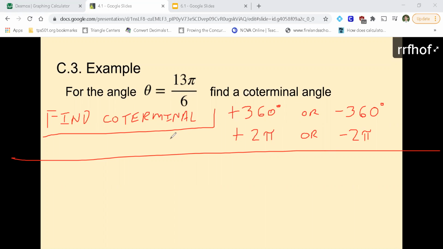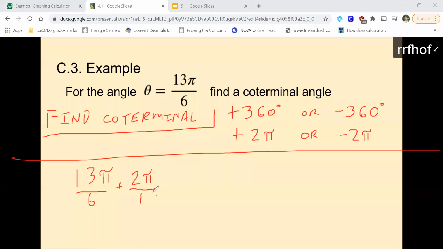So for my problem, if I want to find, let's say, the next largest coterminal angle, I'm going to take 13 pi over 6 and add 2 pi. Again, I just arbitrarily picked. I could have subtracted 2 pi. I could have subtracted 4 pi. It doesn't really matter based on the instructions that I was given. So if I'm going to add these together, I need a common denominator. If I rewrite this as a fraction over 1, I need its denominator to be 6.